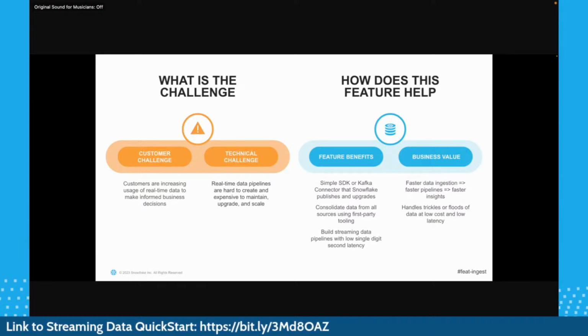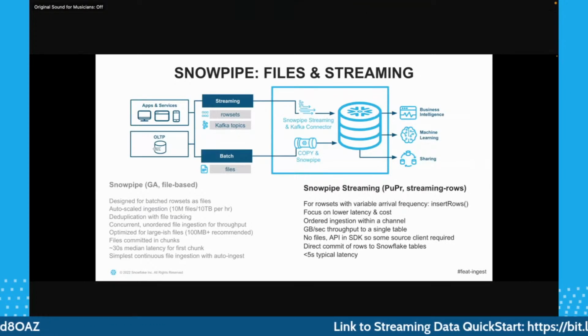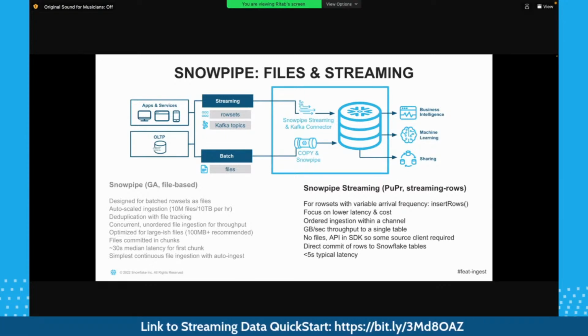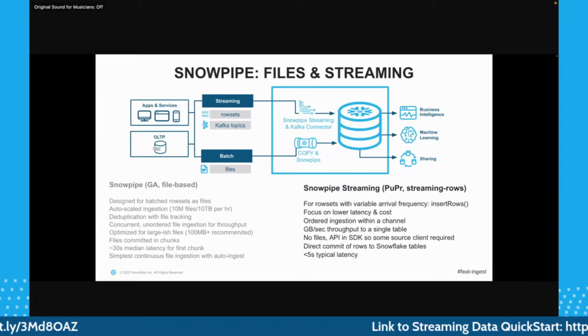I think we have already spoken about the feature benefits and business value. Let's move on. Okay, so here we compare the traditional Snowpipe, which was announced maybe a couple of years ago, and Snowpipe streaming. So why do they exactly differ? Now, Snowpipe, as I was saying in the beginning, is file based.